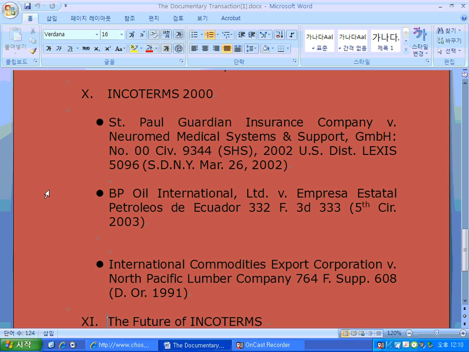This norm, as I've said, was enacted by the International Chamber of Commerce and has undergone several revisions, often at intervals of 10 years, reflecting changes in commercial customs or other new technical needs. For example, container transportation is one factor behind the new Incoterms.